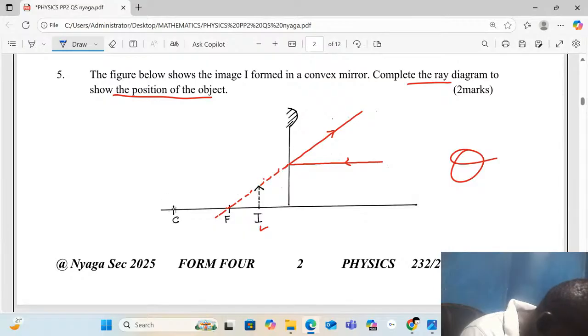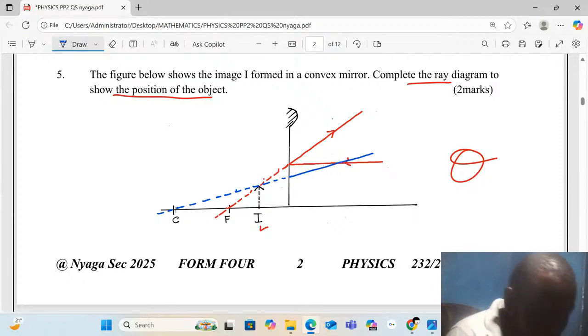So this will be in this manner, like that.